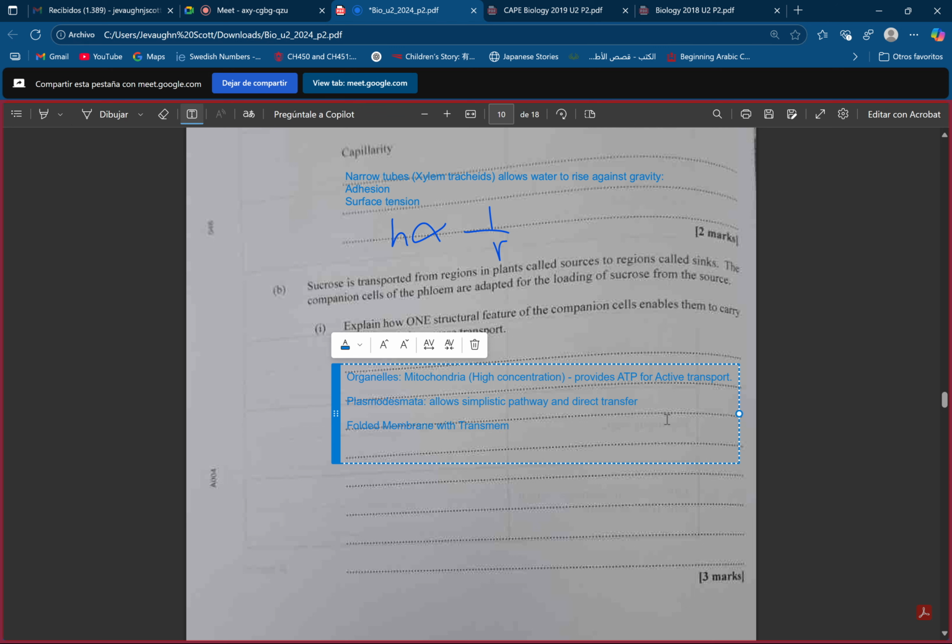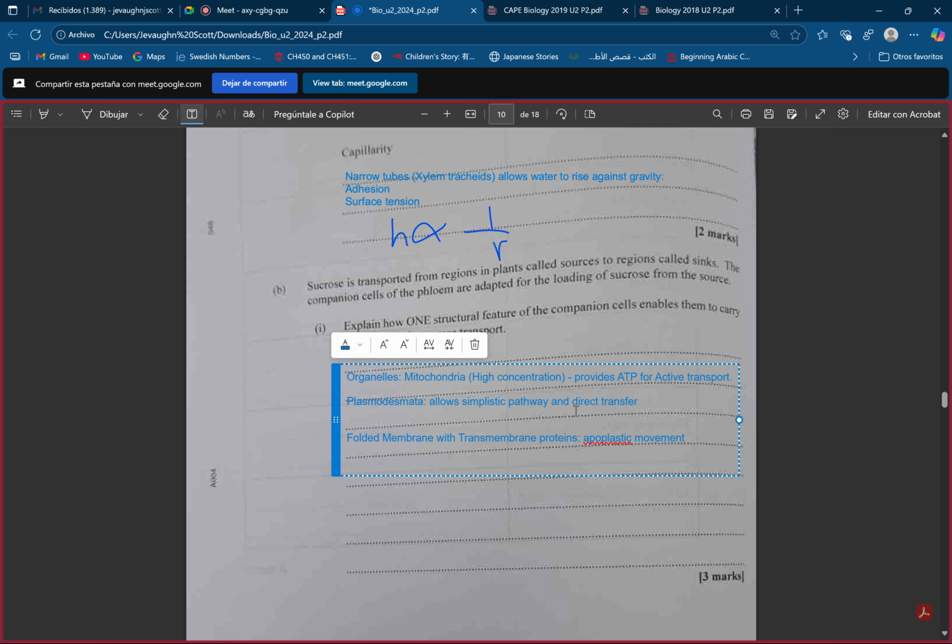Lovely. So we have these transmembrane proteins that facilitate, you said, the apoplastic movement. Right, so it supports the apoplastic movement of sucrose there. So we have the apoplastic movement being provided through the transmembrane proteins, and we can also note that the companion cells have a folded membrane.